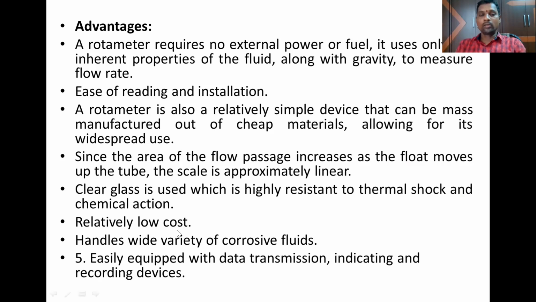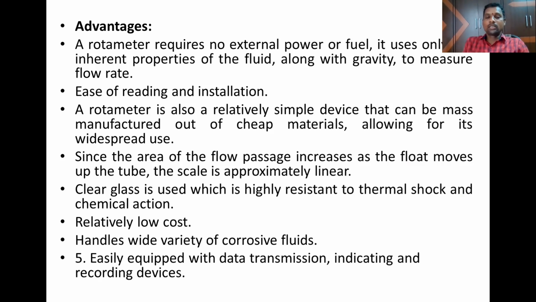A rotameter, simply called a rota, requires no external power or fuel. It uses only the inherent properties of the fluid, its density and viscosity, along with gravity to measure flow. So it is easy in reading and installation.